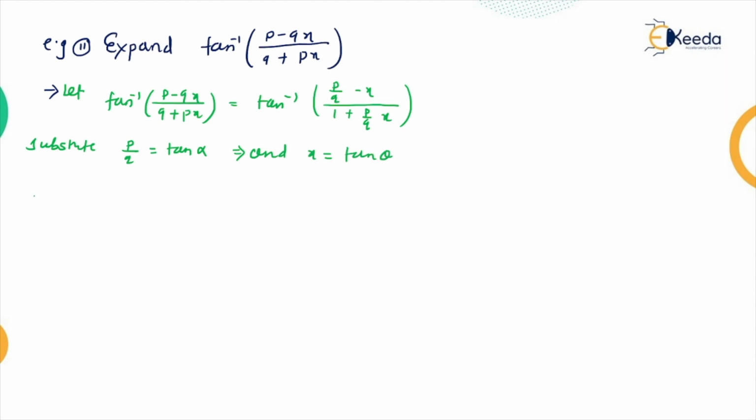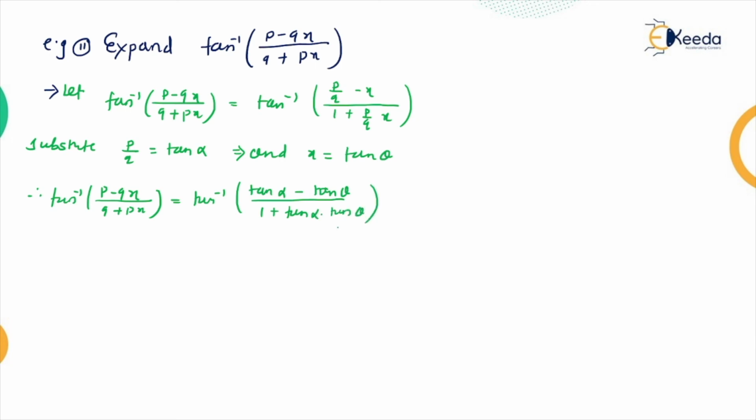After this substitution, tan inverse of p minus qx divided by q plus px can be written as tan inverse of p upon q, that is tan alpha, minus x, that is tan theta, divided by 1 plus p by q x, that is 1 plus tan alpha into tan theta.